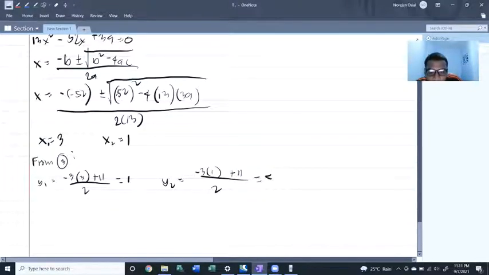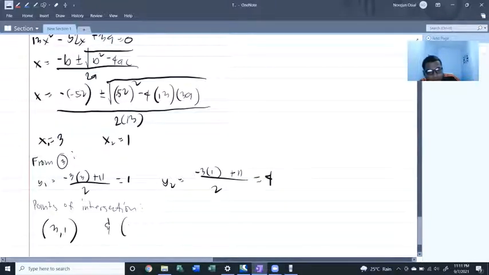We have 4. So our points of intersection are 3, 1 and 1, 4. So that's it, class. Ito na yung sagot natin.